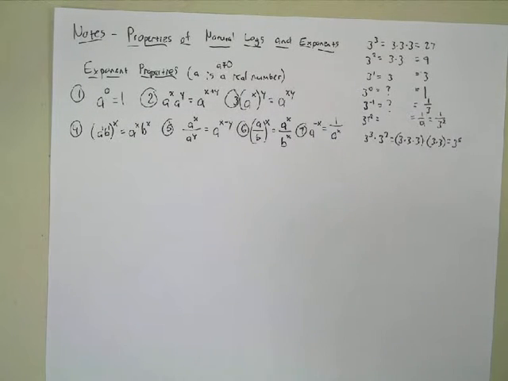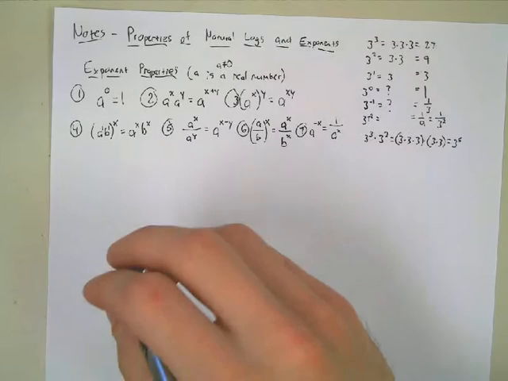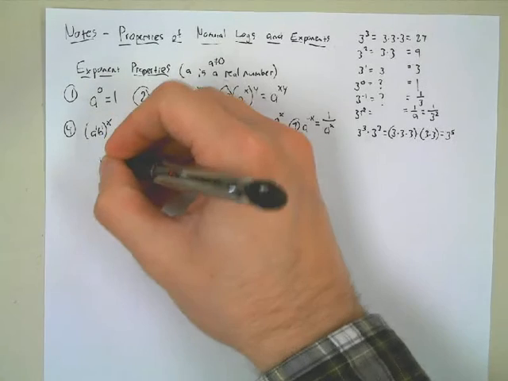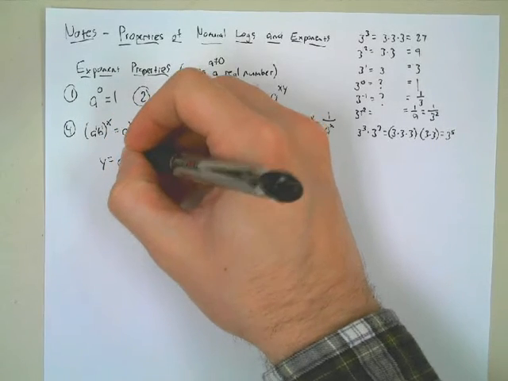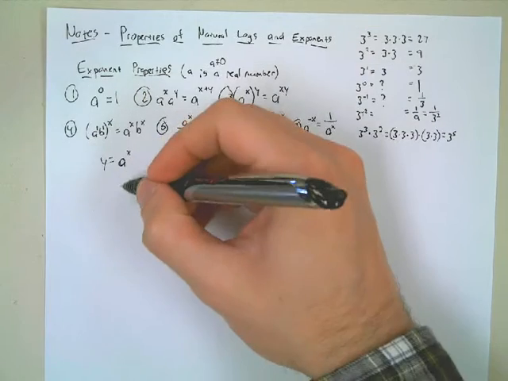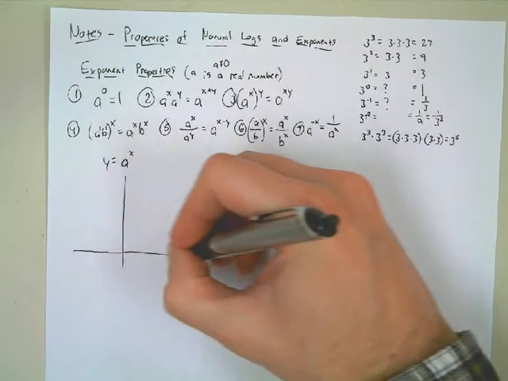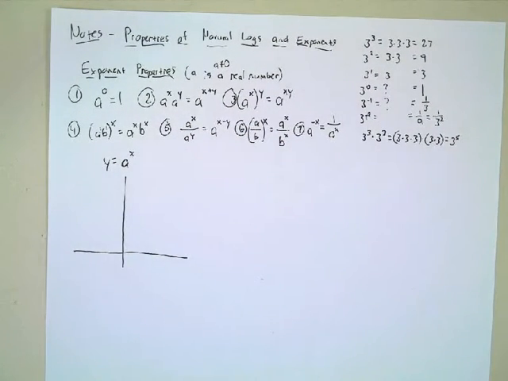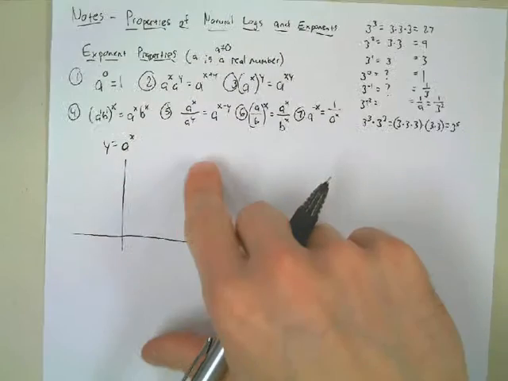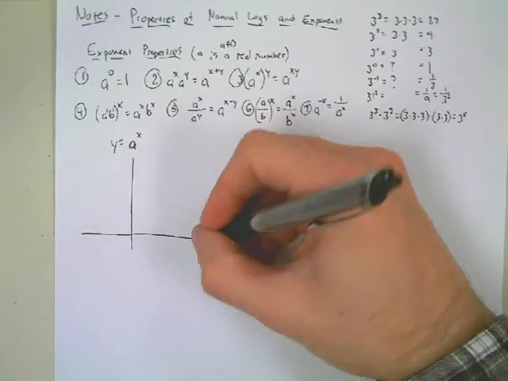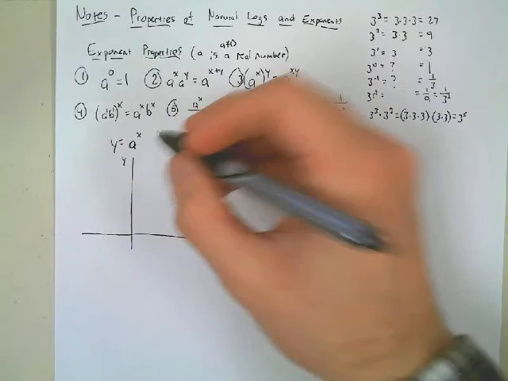All right, we also should be familiar with what an exponential's graph looks like. So, for example, if I have y equals a to the x, and I want to graph that, this is just a quick sketch, because it's generic.